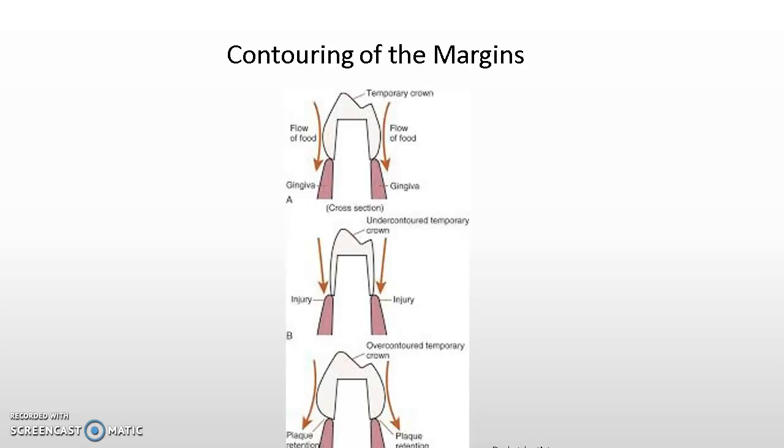It does not protect the soft tissue at all. And in C, the bottom picture, the temporary is over-contoured, which allows the food to flow away, but then it also has a very large trap for plaque to be retained in the crevices at the sulcular level.